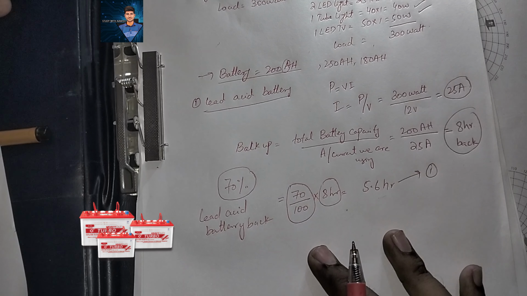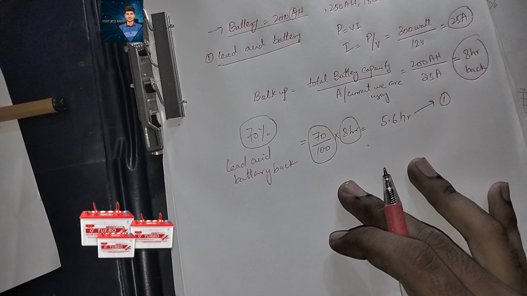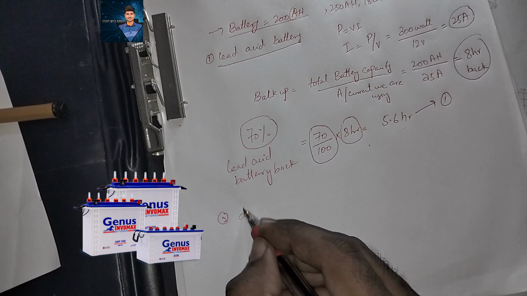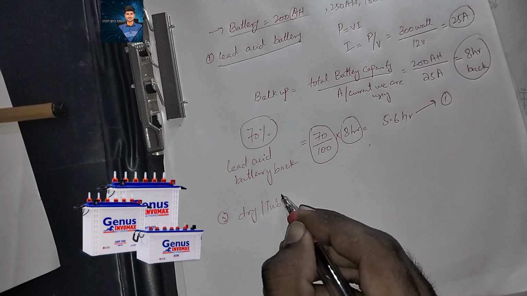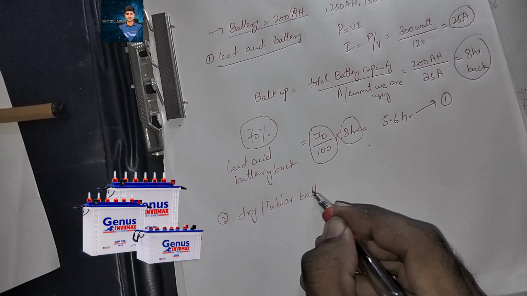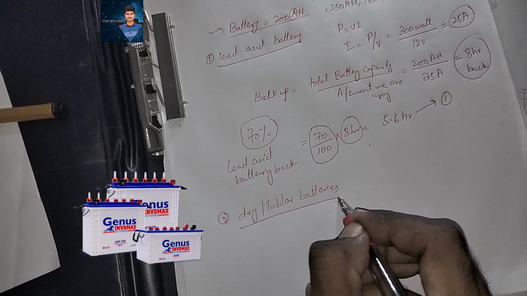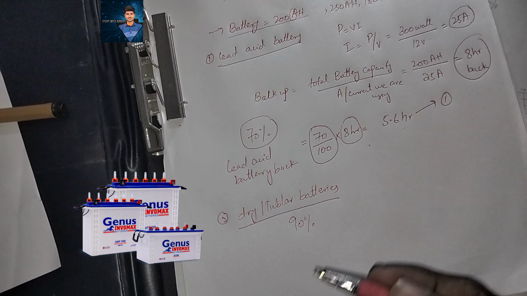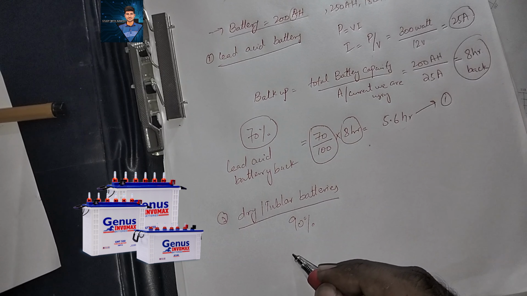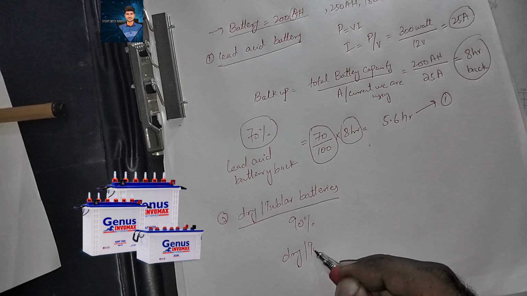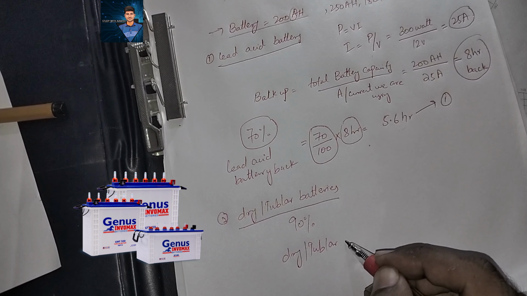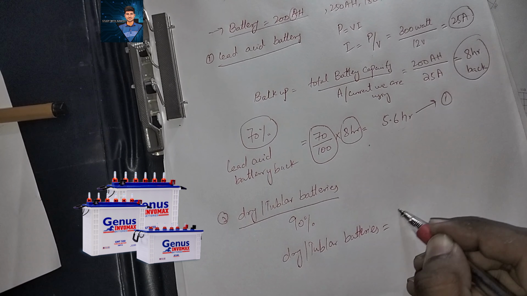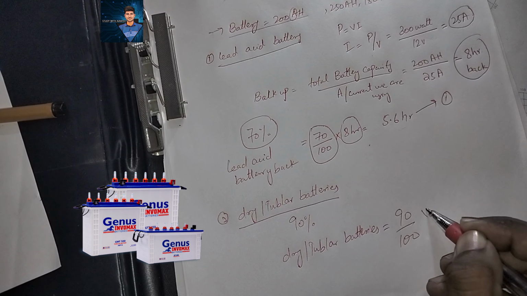Now let's take the example of dry or tubular batteries. As tubular batteries have 90% efficiency for providing the current to the load, so dry or tubular batteries, or you can say deep cycle batteries, will have 90% efficiency.